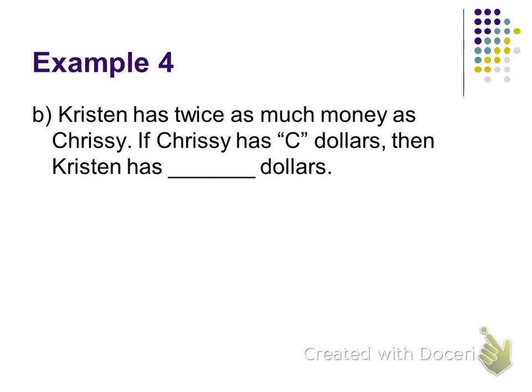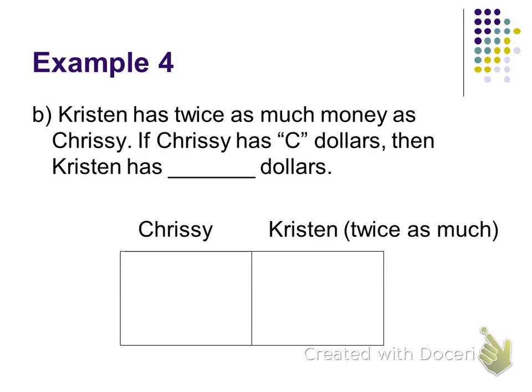So in this one, we are talking about two ladies and how much money they have, and they tell us that Chrissy is going to be C dollars. The amount of money Chrissy has is C. So again, we're going to just set up a little workspace for ourselves. And Chrissy, we already know, C. And how does Kristen relate to C?